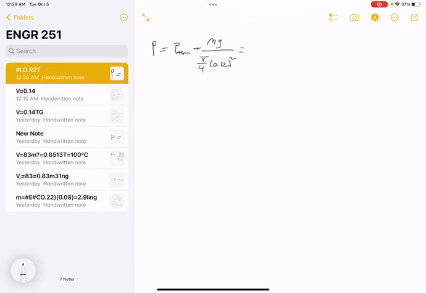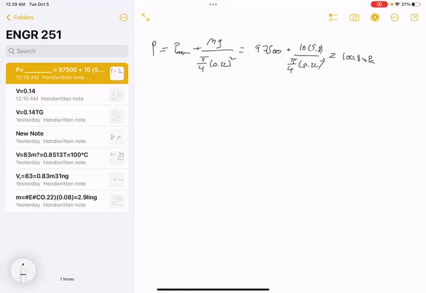If we plug in all the right values, 97,500 pascals plus 10 kilograms times 9.8 over pi over 4 times 0.22 squared, you should get 100.8 kilopascals. That's the pressure inside the cylinder, and that won't change.